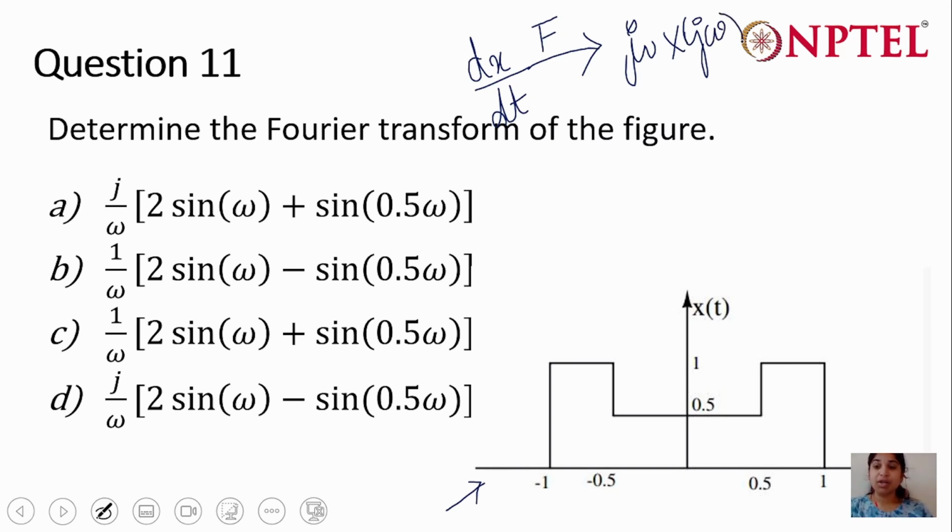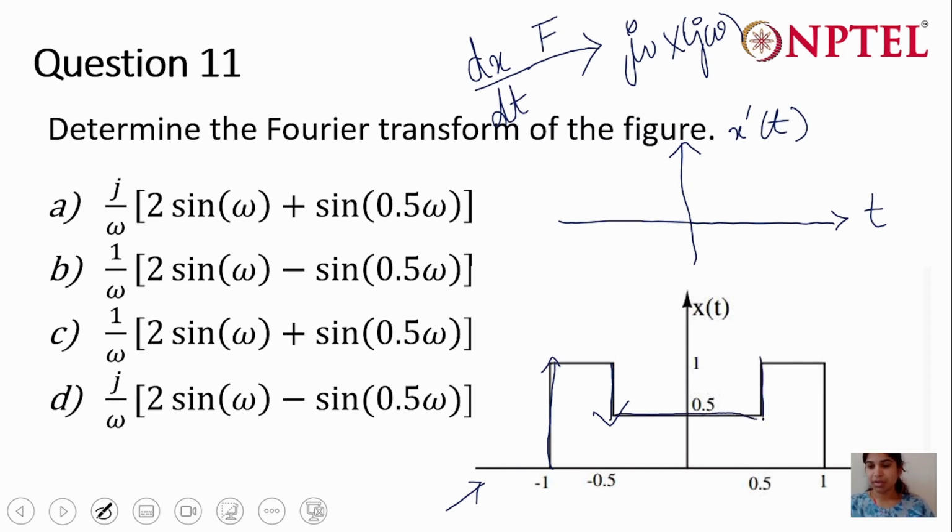So, what if I differentiate this x of t? What I'll get if I differentiate this x of t, x dash of t, is one impulse here, one impulse here, and here there's no change, so this will be just 0, and then you have another impulse here, and then you have another impulse.